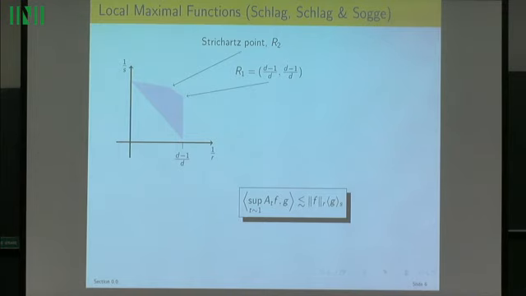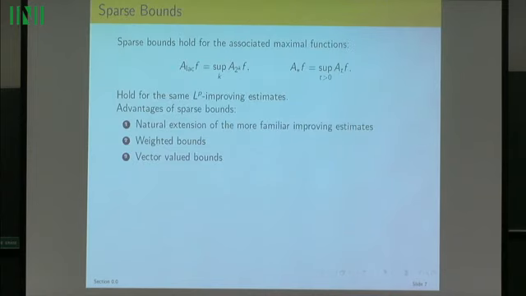Now, the more familiar properties of the Stein maximal inequality actually follow from this and more, because sparse bounds hold for the triangles that I've just illustrated to you. Now, I'm not recalling sparse bounds for this audience. It would require a couple more slides, a little extra intellectual baggage.